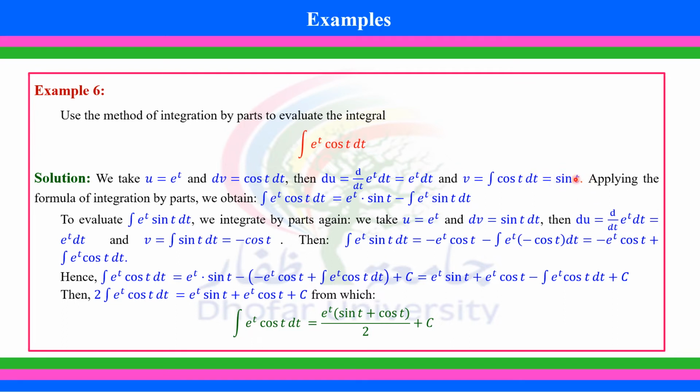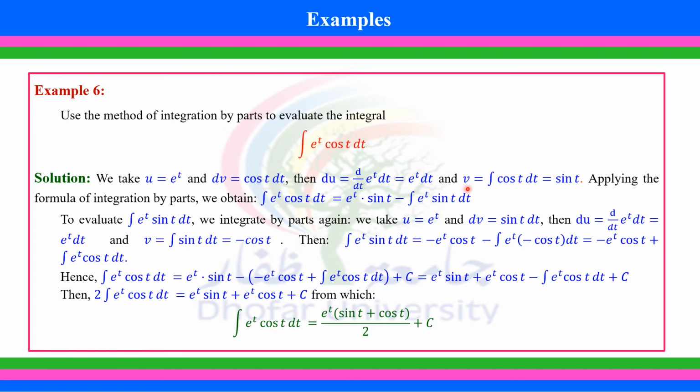Now when we apply the formula of integration by parts, we obtain that the integral of exponential t cosine t dt is uv minus the integral of v du. So v is sine t and du is exponential t dt.